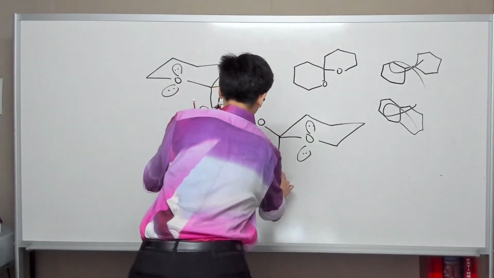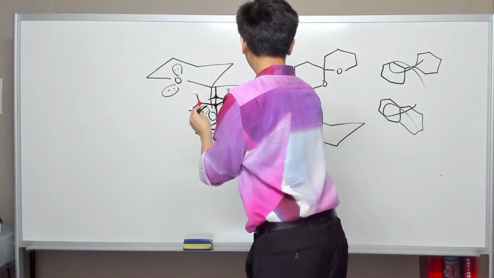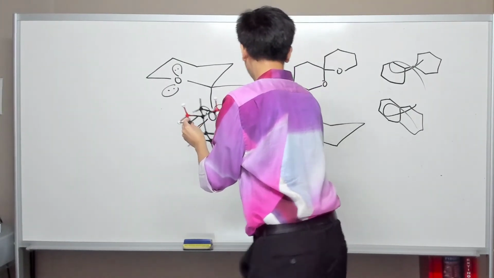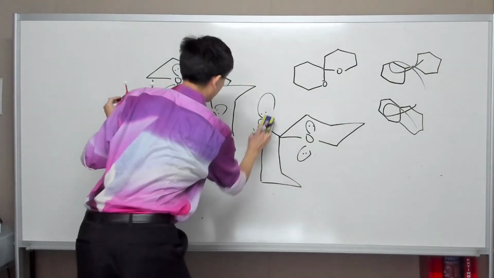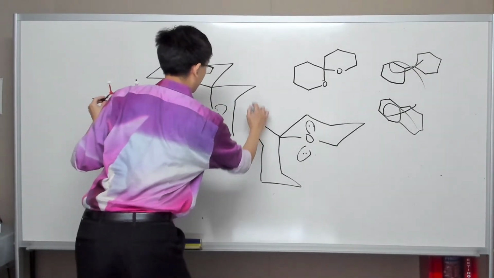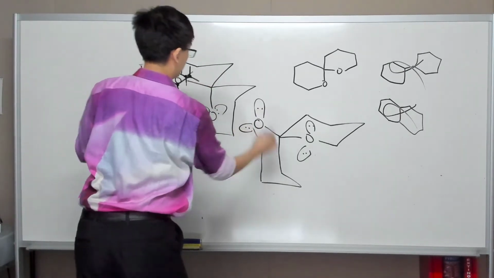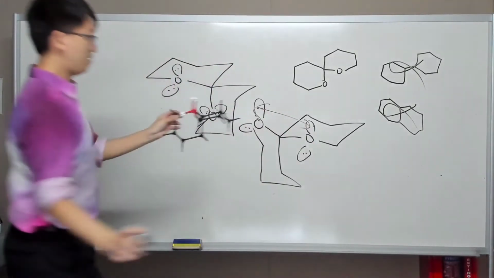Like this, something along that. So the lone pairs of electrons will be like this. Maybe I need to shift the drawing a little bit so that it looks nicer. So this is the lone pair repulsion we're talking about.